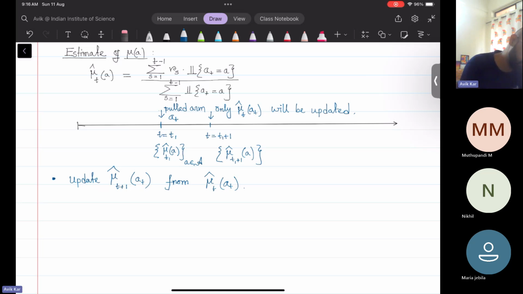Can anyone of you please tell me how to do that? Is it the current average plus a fraction of the difference between the current reward and the current average?